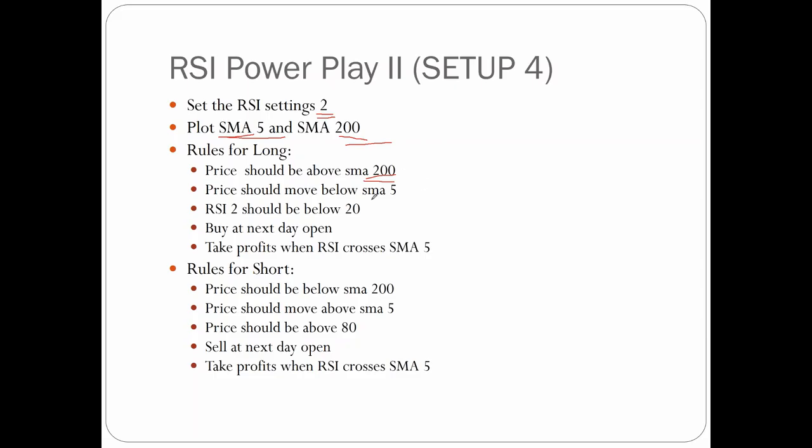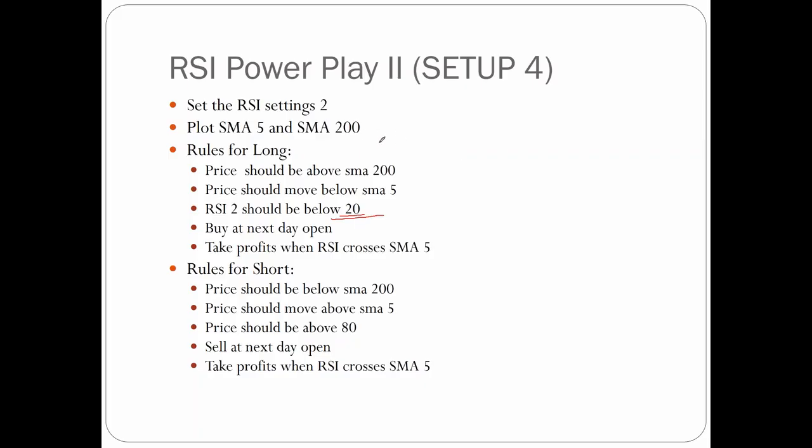Number 1 condition. Number 2 condition is that price should be below 5 SMA. That means price should be above 200 SMA, which tells us that the long-term trend is up. And price should be below 5 SMA, which means there is a short-term correction in the long-term trend. Condition number 3, the RSI should be below 20, that is, it should be in an oversold area.